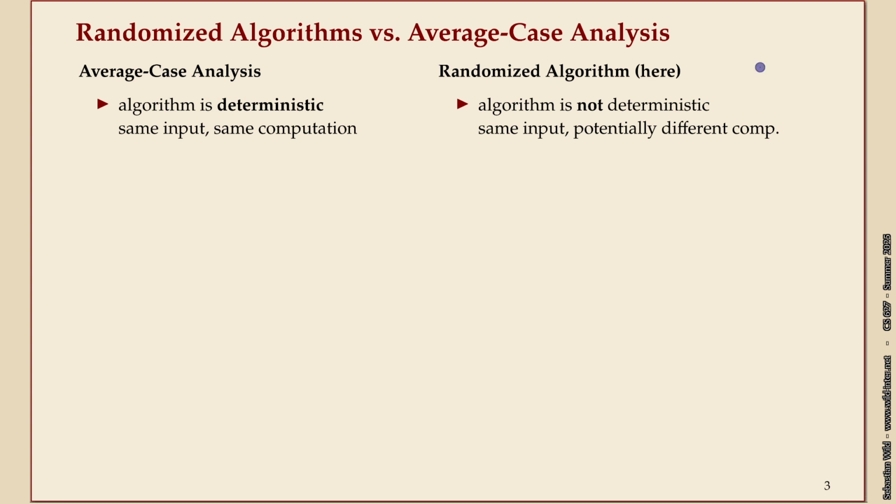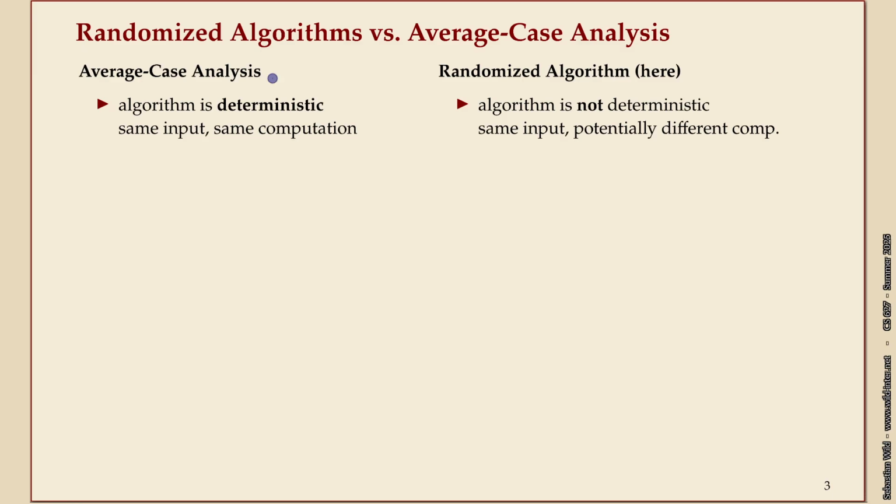There's an obvious similarity between randomization and average case analysis. And this is really an undergraduate repetition that a good undergrad algorithms course will have drilled into you. But it's worth stating again just to make the distinction clear.